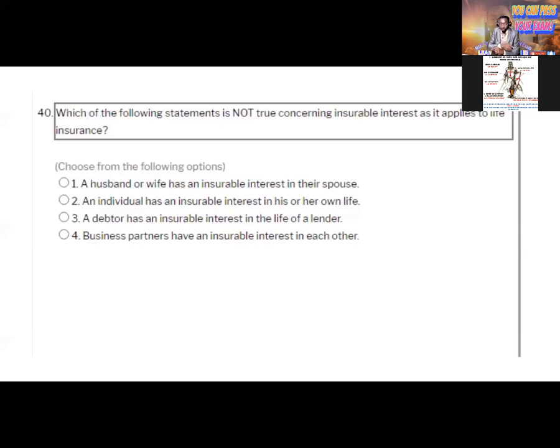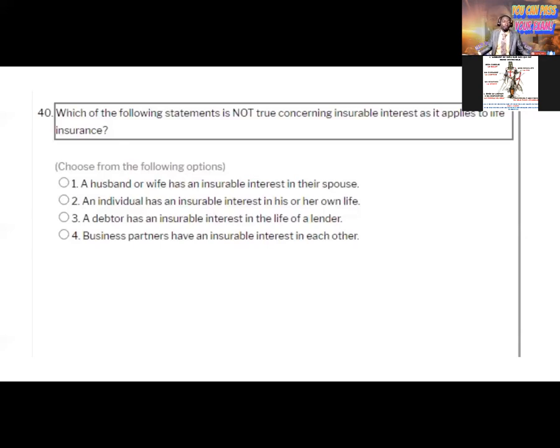The lender has insurable interest in the debtor. So you need to understand that. The people who borrow money, the lender, the creditor, has insurable interest in the debtor or the borrower. So you need to know three is always a false statement. If they say the debtor has insurable interest, that's not a good statement.